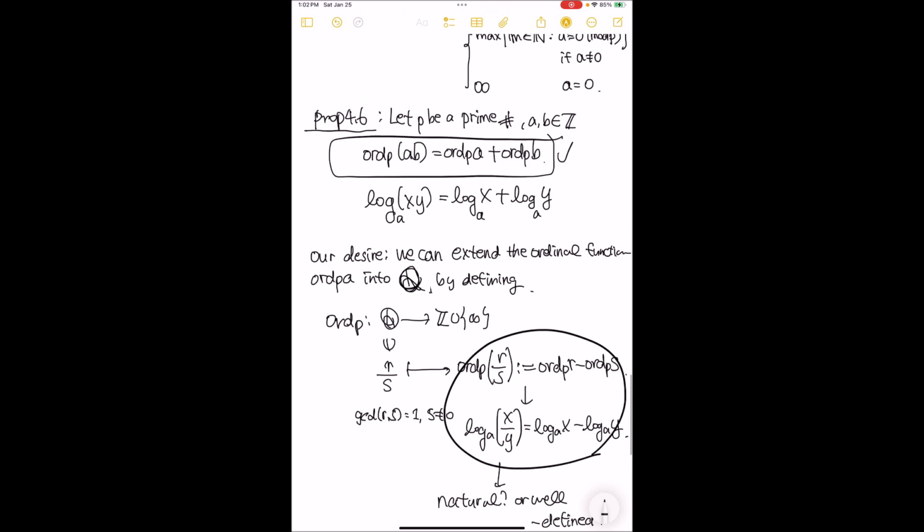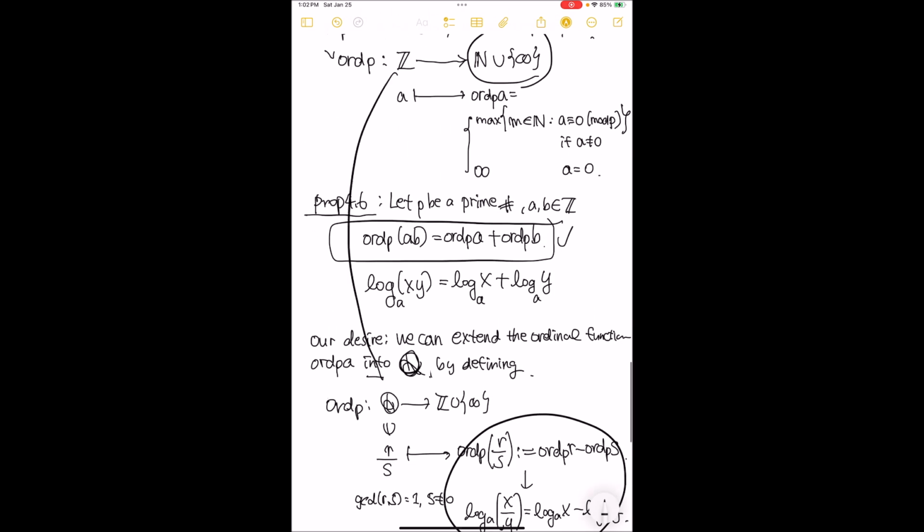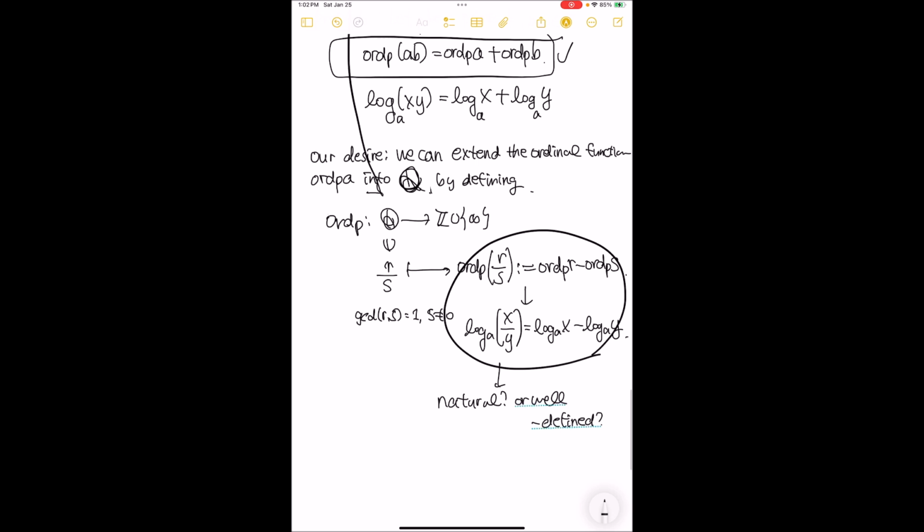In fact, the process of extending the domain from the integers to Q is reasonable when we consider the abstract algebra concept of a discrete valuation or discrete valuation ring.